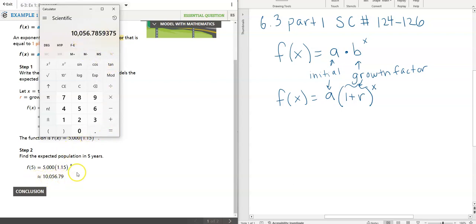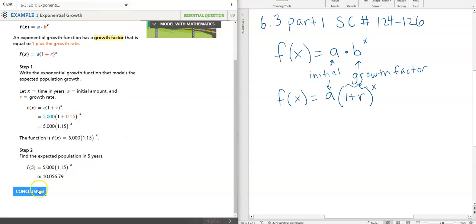So it's an approximate answer because they're rounding to the nearest hundredth. But that's how you do it on a calculator. In conclusion, that means that this Hillville, in 5 years, the population is expected to be about 10,057. Again, they rounded to a whole number because you can't really have a fraction of a person.